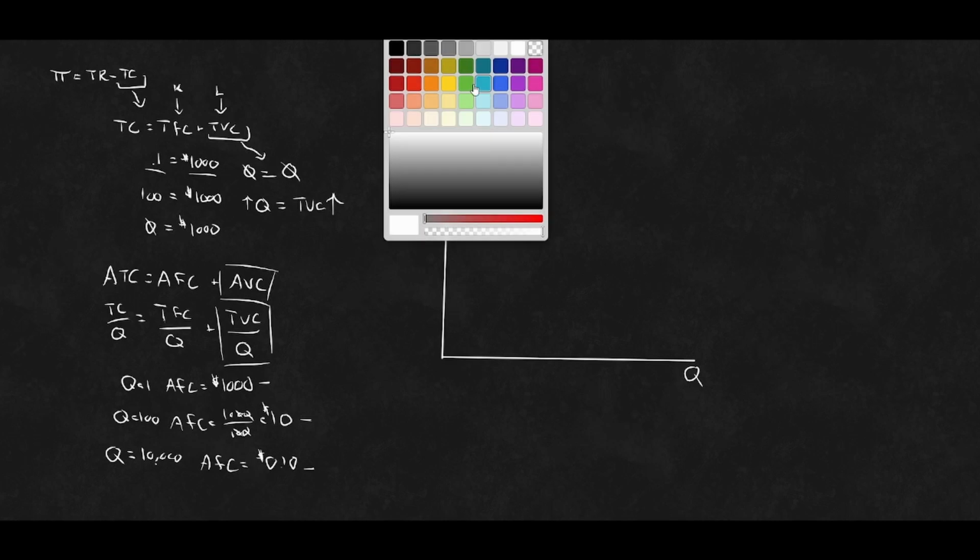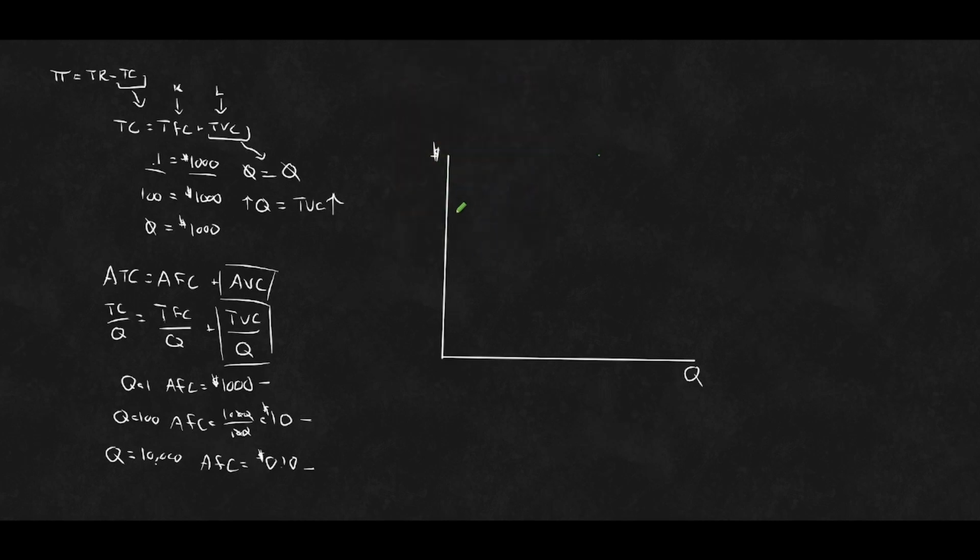What we would expect, let's use green for this, is that our average variable cost starts off at that total variable cost, right? It's just total variable cost divided by Q. So total variable cost, whatever that was, divided by 1 is just total variable cost. And then we would expect that initially it drops, hits a minimum, and then starts to climb.